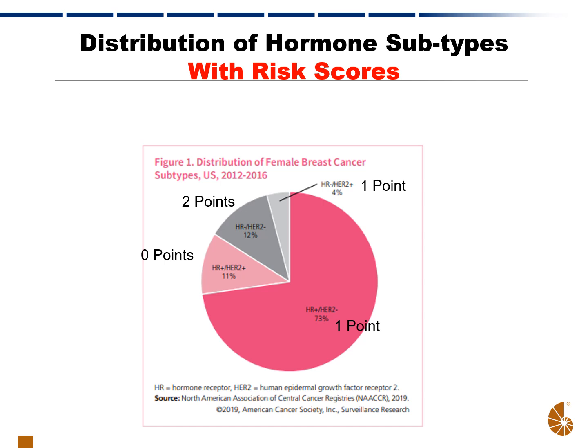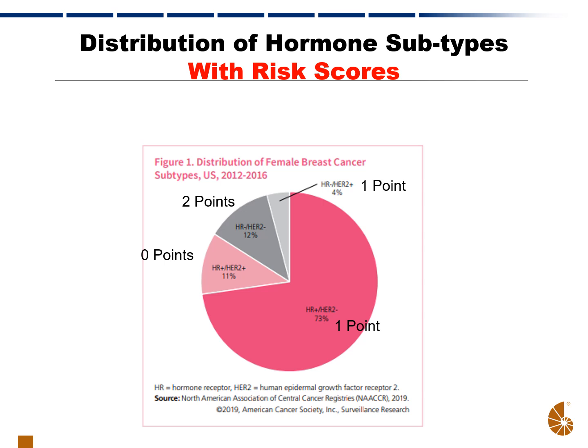So you get a point because both of those are negative. The third group, where you get 0 points, is where both estrogen receptor or hormone receptor is positive and HER2 is positive. So in that case, you get 0 points since neither were negative.